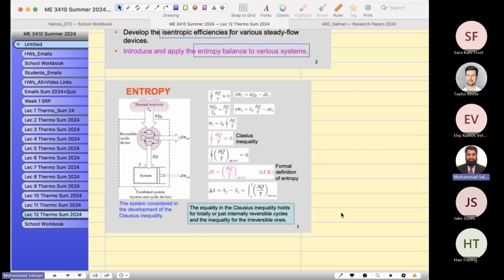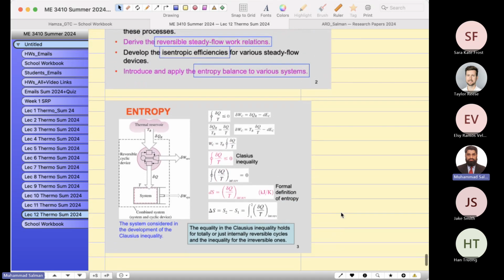Okay, this looks intimidating, but I tell you what the big picture of this one is. As I mentioned, what is Clausius inequality? In a cycle, this circle is like an integration over a cycle.